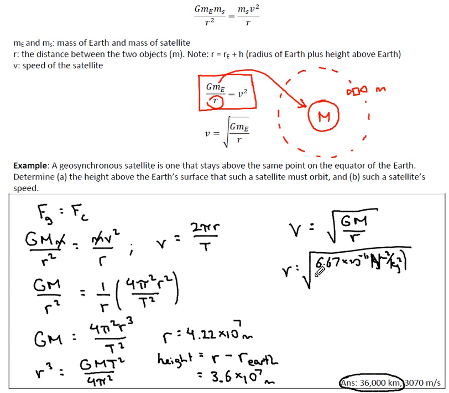And we multiply by the mass of Earth again, 5.97 times 10 to the 24, and divide by our radius, 4.22 times 10 to the 7 meters. We get a value of 3,070 meters per second.